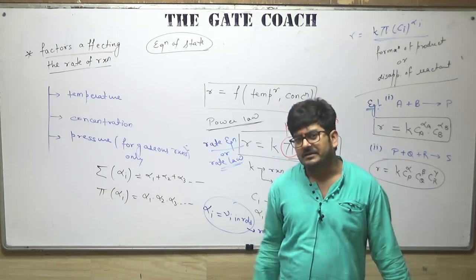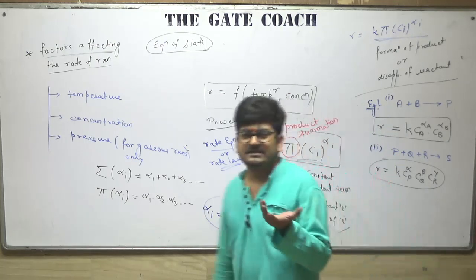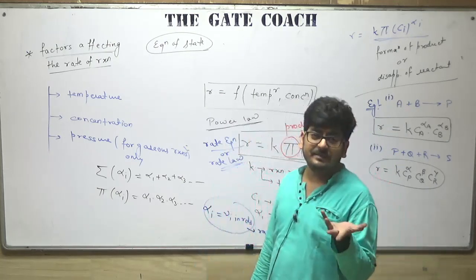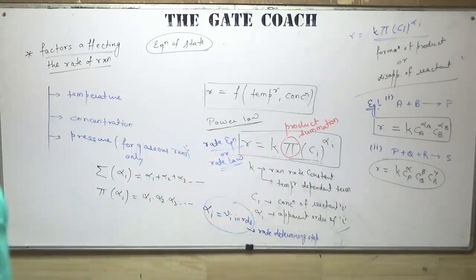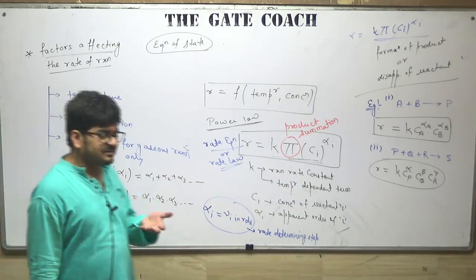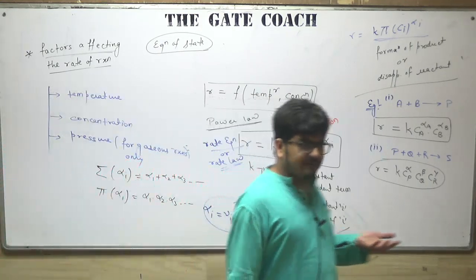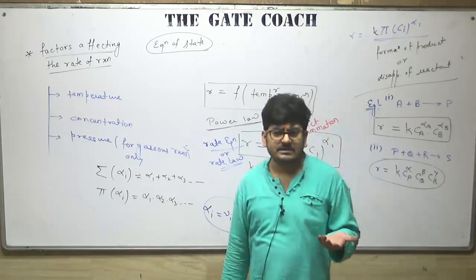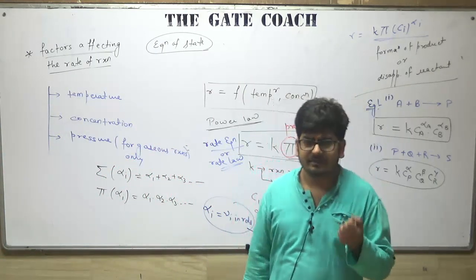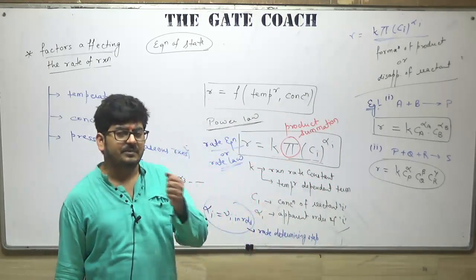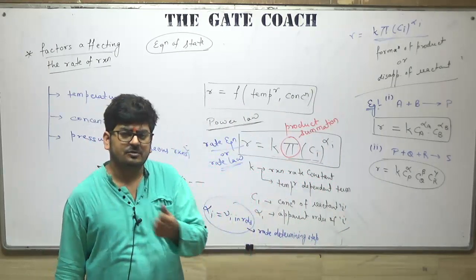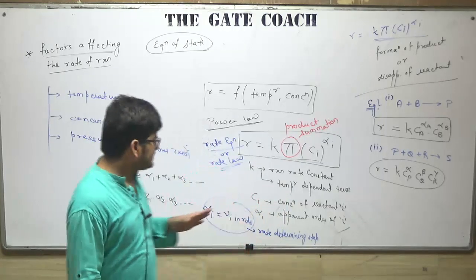Equation of state, as the name suggests, state means state variables. In thermodynamics, to define the state of any system, we use state variables like pressure, volume and temperature. So any mathematical relation between pressure, volume and temperature is called an equation of state.